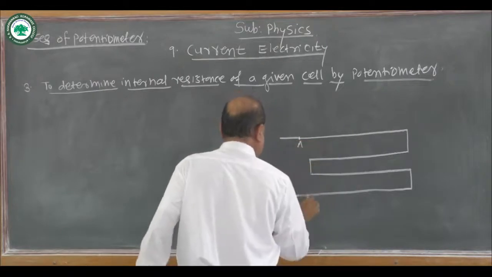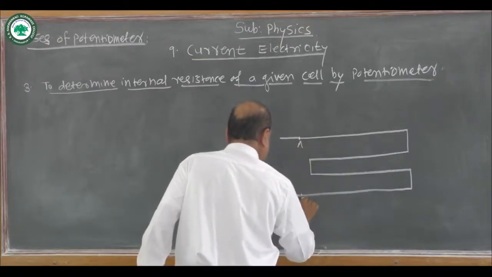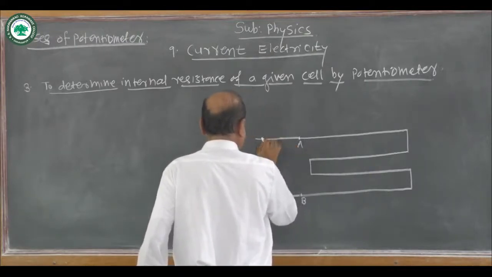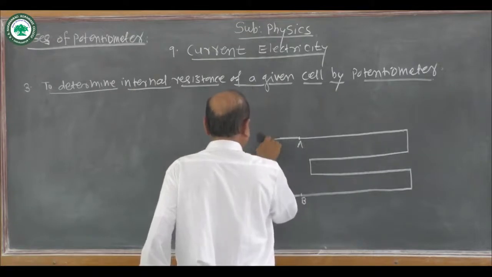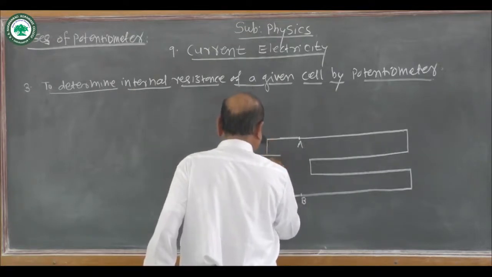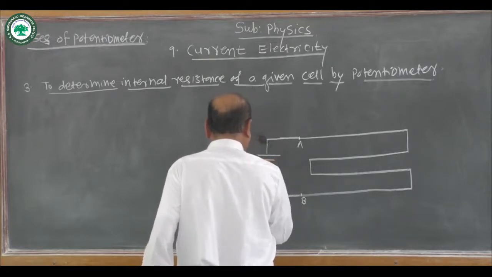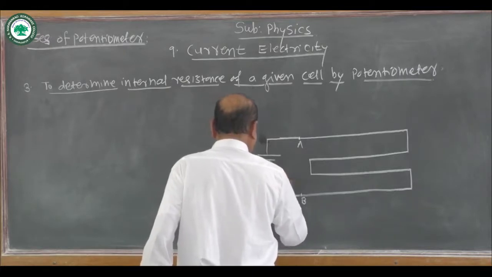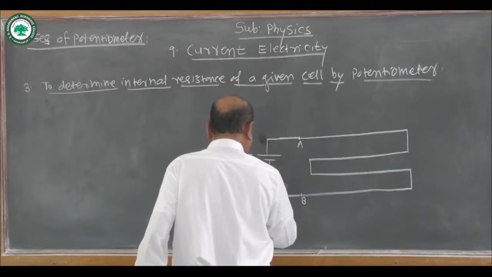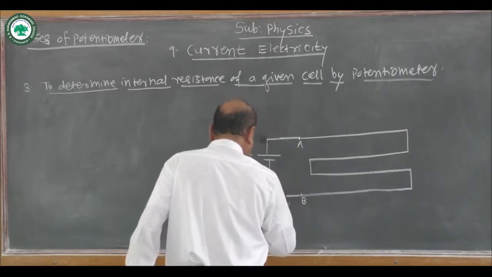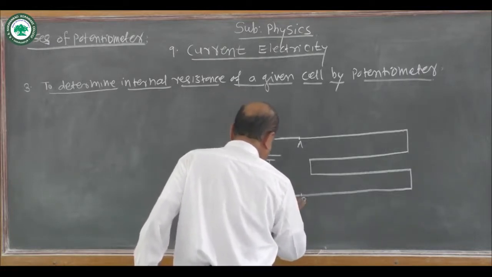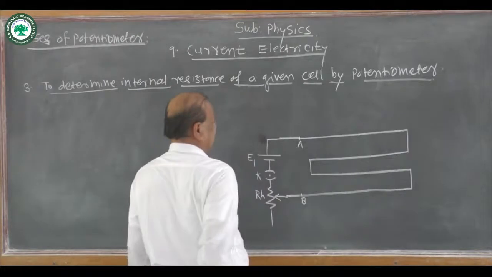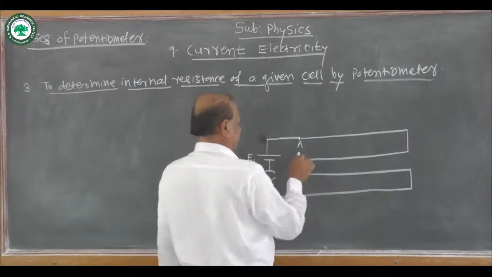Here is the point A and here is point B. This point A is connected to the positive terminal of a battery of EMF E1 through plug key K1 to this variable resistance rheostat. RH is the rheostat. This is the primary circuit of potentiometer.